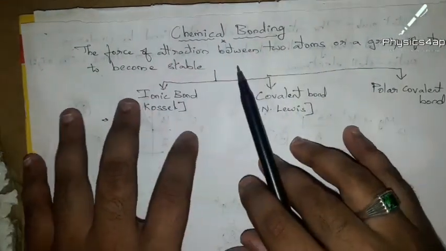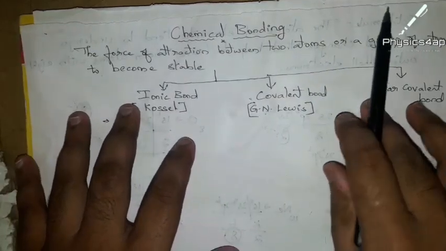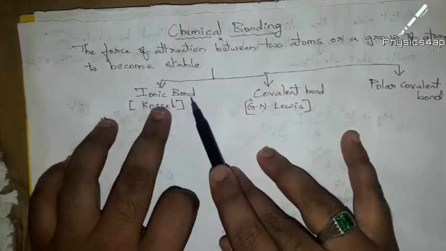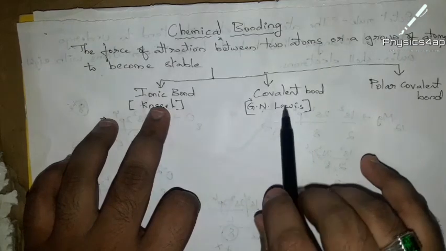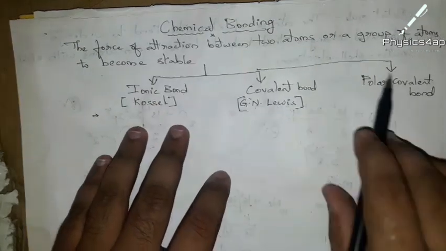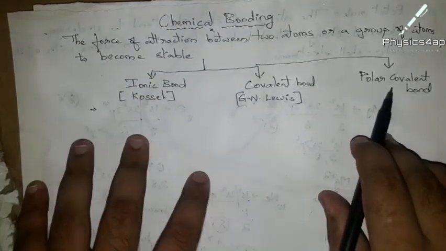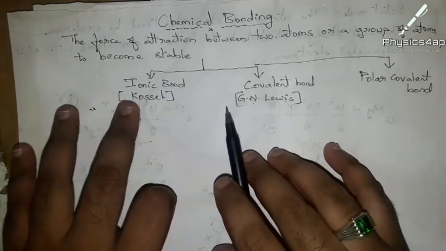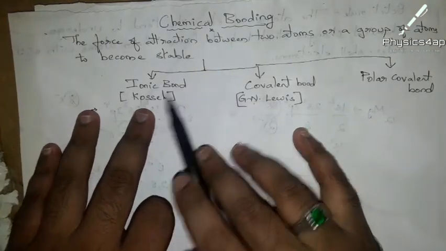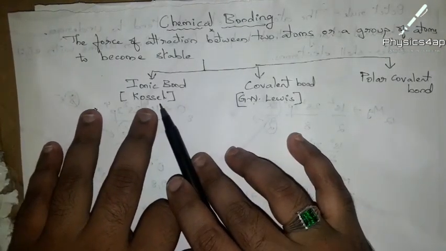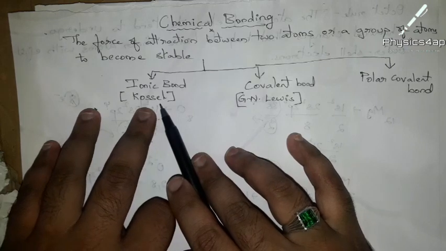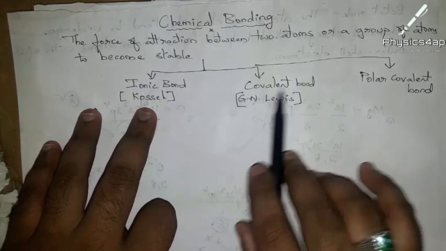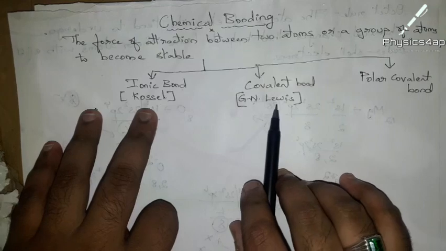So in this we have 3 different types of chemical bonding. The first one is the ionic bond, the second one is the covalent bond, and the third one is the polar covalent bond. The ionic bond was completely explained by Kossel, and the covalent bond was explained by G.N. Lewis.